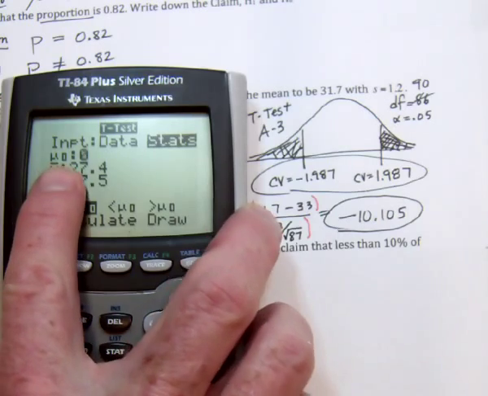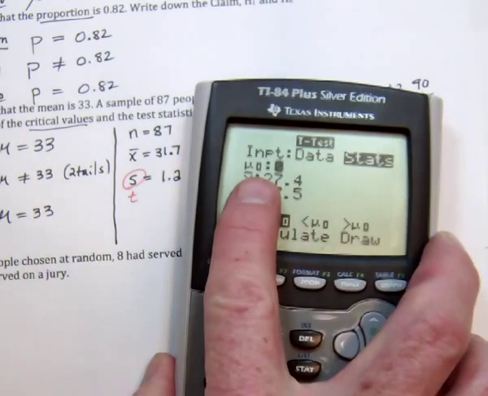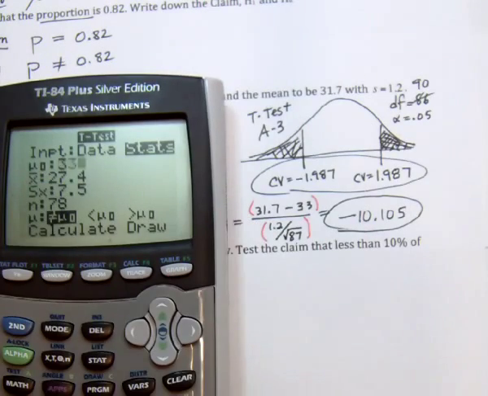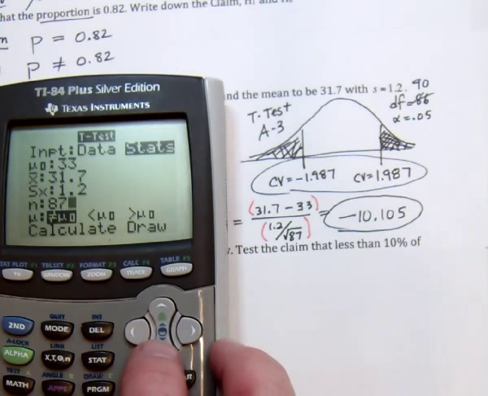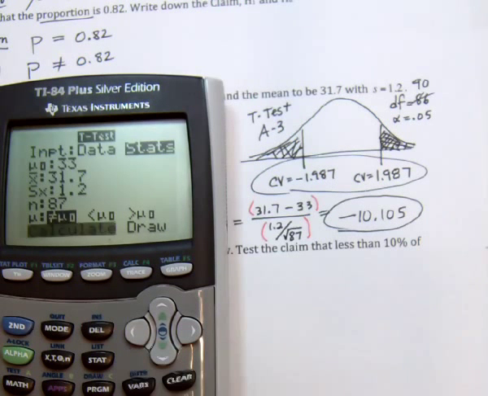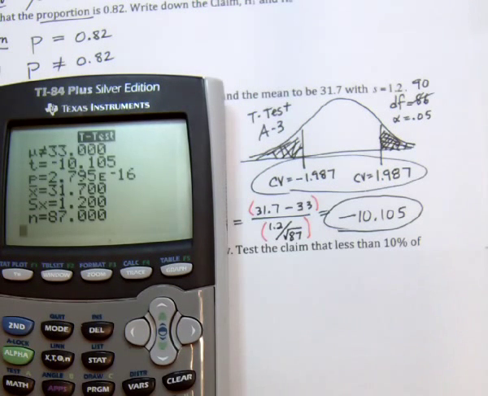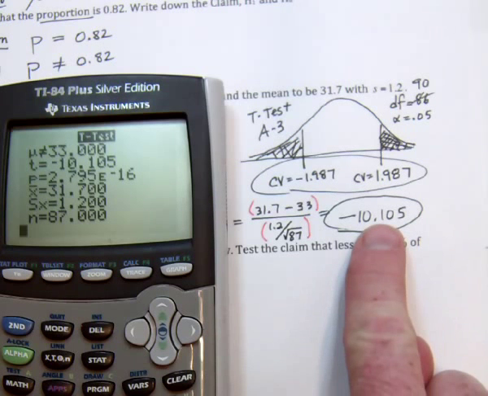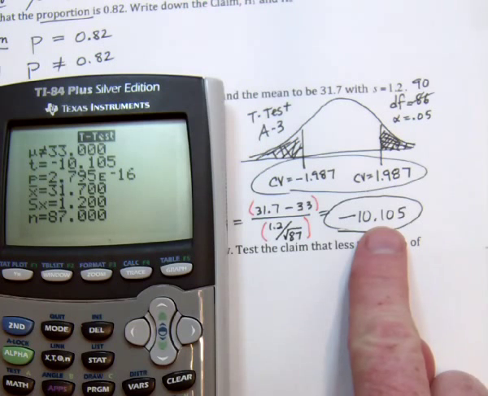The mean was 33. Then the sample mean was 31.7 with a standard deviation of 1.2 based on 87 people. This makes it two-tailed, and then calculate. So you'll notice that it gets the same negative 10.105 for the t, as well as it tells you what the p-value is.